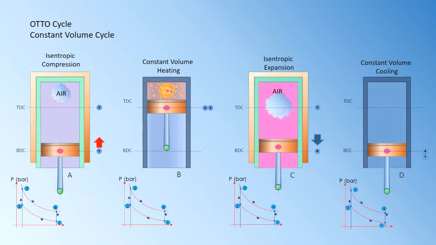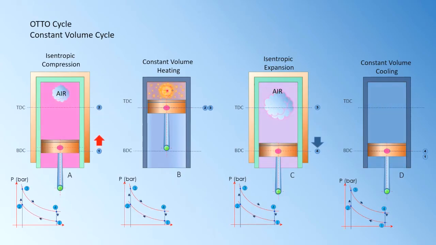Based on each of these diagrams, I have the PV diagram starting from state point 1 to state point 2 for the first diagram. For the second diagram, it moved from state point 2 to state point 3. The third diagram, it moves from state point 3 to state point 4.